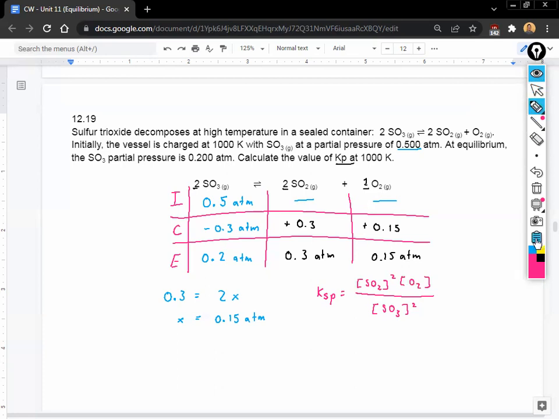Okay, so let me expand it out for you just so we're all on the same page. So we should have 0.3 squared times 0.15 divided by 0.2 squared. Okay, and this time I'm going to calculate it out because apparently I've been messing up a lot lately.